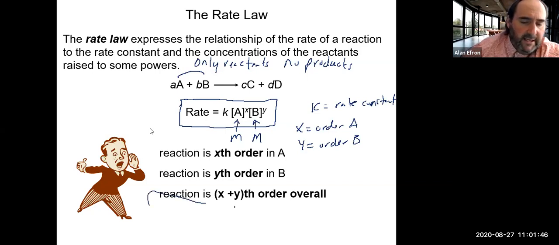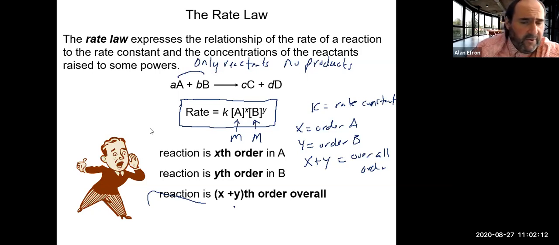So it's sort of proportion wise, sort of what you need to help you maintain that overall reaction. x plus y here, if you add them together, gives you the overall order of this reaction, which sort of tells you how the reaction is sort of happening. Is it first order, where a lot of times it's just one reactant decomposing or something like that, or two reactants where one really doesn't have an effect on the rate?